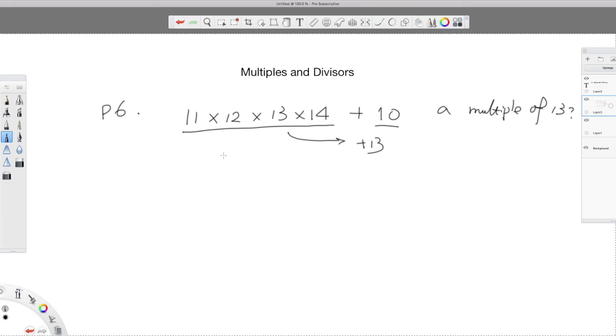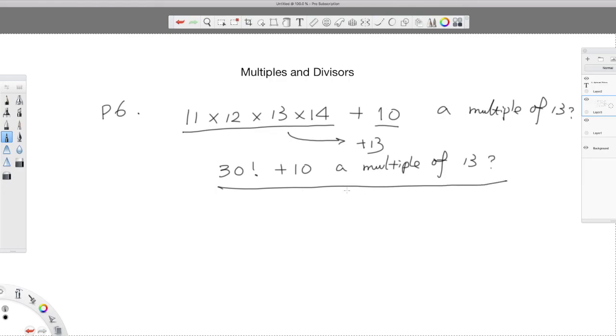So following this, I can write down another problem. Is 30 factorial plus 10 a multiple of 13? And by the way, 30 factorial is defined as 1 times 2 times 3 times all the way to 30.